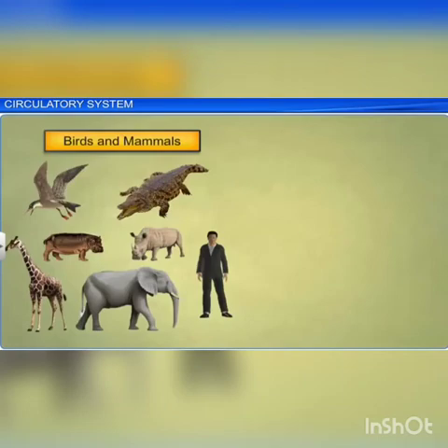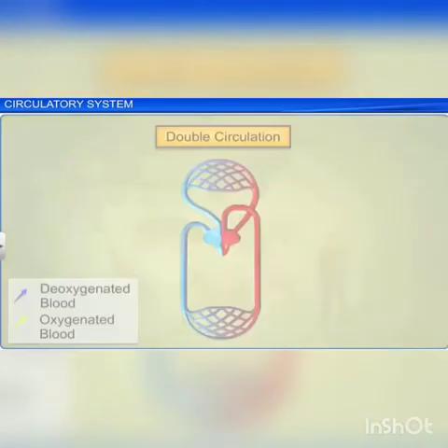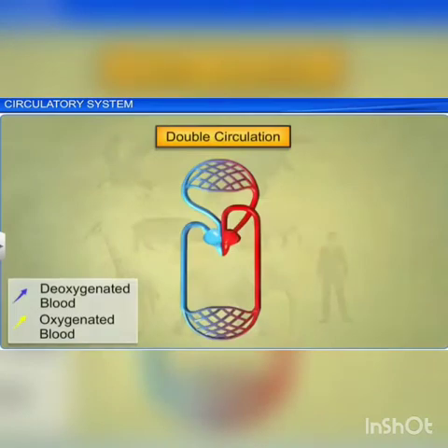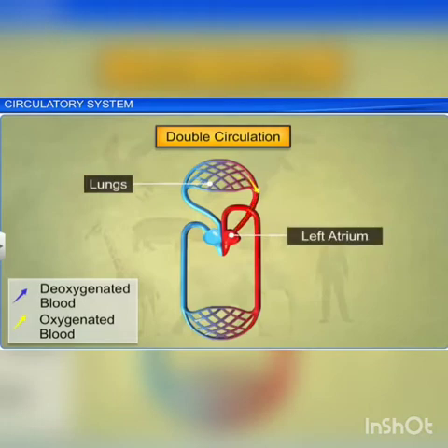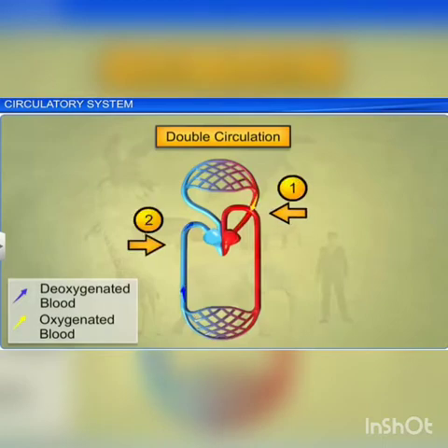The crocodiles, birds, and mammals have two auricles or atrial chambers and two ventricles. The auricles and ventricles are separated by interauricular septum and interventricular septum. Hence, there is a complete separation of oxygenated blood from the deoxygenated blood. Pulmonary and systemic circuits are present.